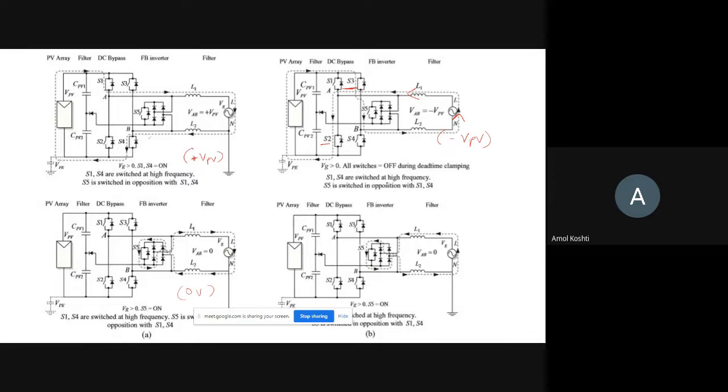Again, to produce a zero for this minus VPV, there is a different arrangement here. Through the same circuitry they produce zero again. If we mark this diode as D1, this diode as D2, this diode as D3, and this diode as D4, then for this the diodes D3 and D4 are on, whereas in the previous case D1 and D2 are on.